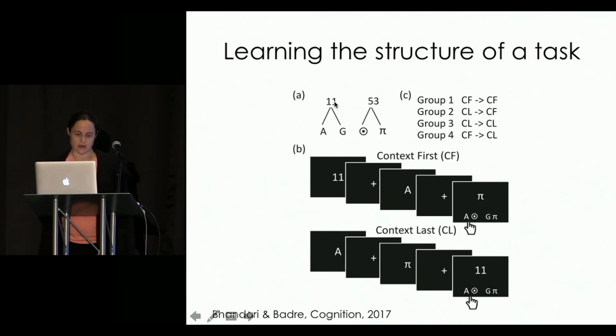So in this task, they would see that there was a context, this number here, that determined whether you should pick the action with the A or the G, or whether you should pick the action with one of those two shapes.